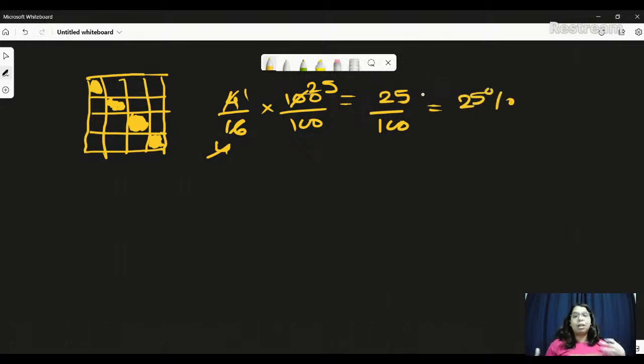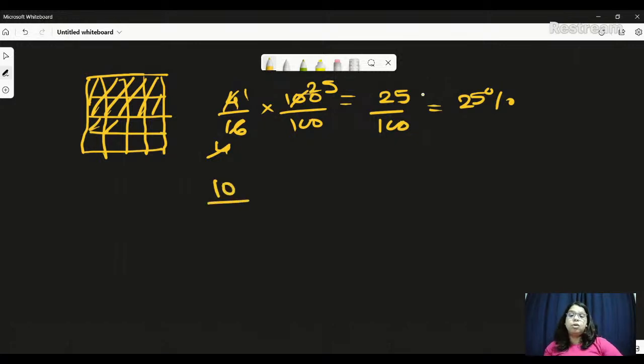Whenever you are calculating percentage, you have to make sure that the denominator is 100. Anyways, we'll draw the lines again. I decided to shade this entire half plus two more of them. So out of 16, I am shading 10.